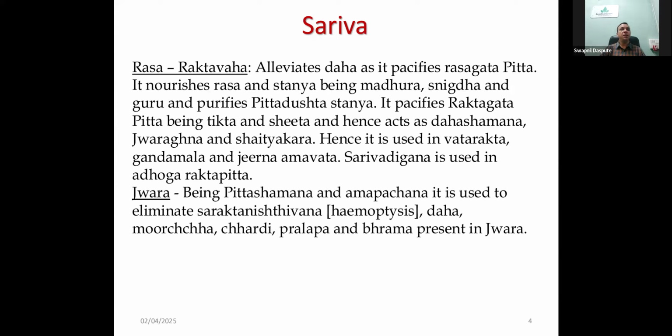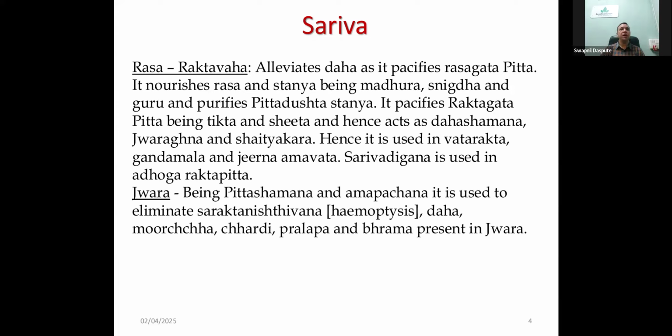Daha, Murcha, Chardi. A few translators have used the spelling Murcha as I have mentioned. Usually in my notes you would find Murcha, to keep it simple and understand it better. I have kept this to show that in a few translations you would find this spelling.